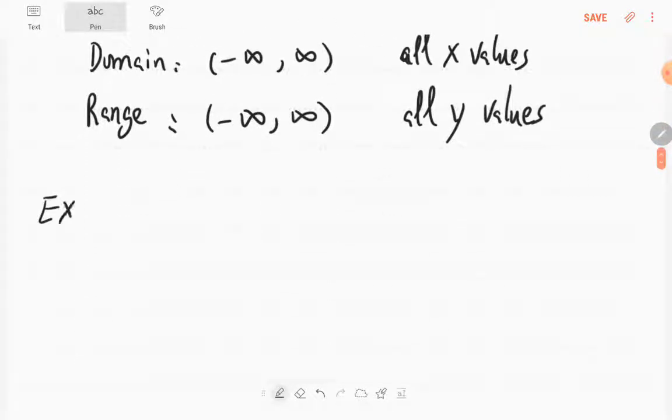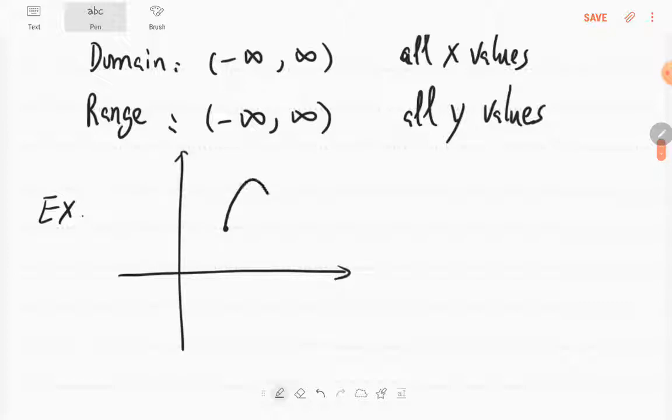So now let's look at another example. If this is the graph, here is a circle, and this corresponds to one point, and here is 3.